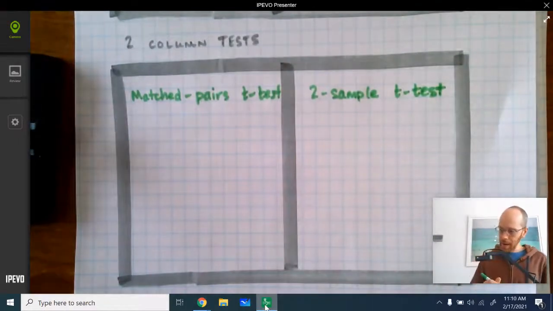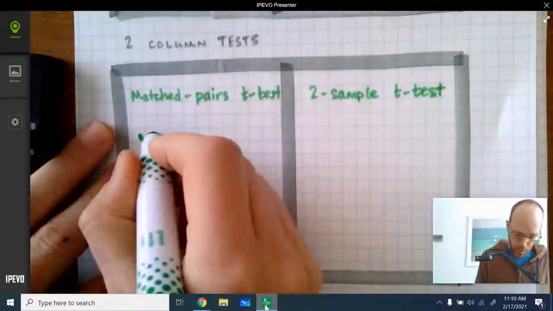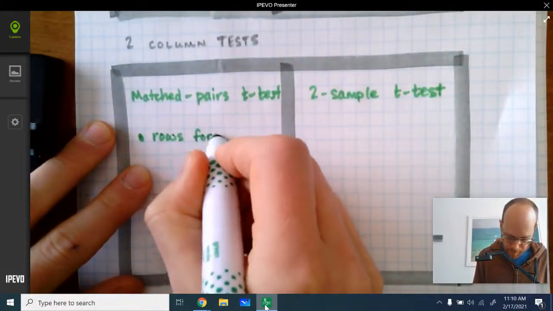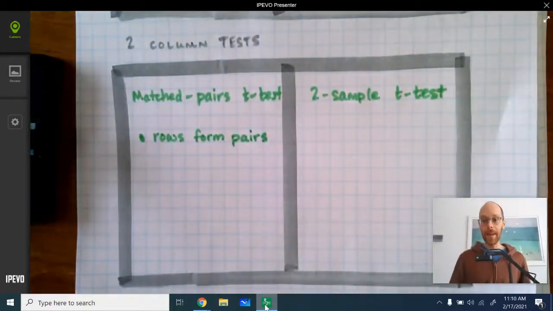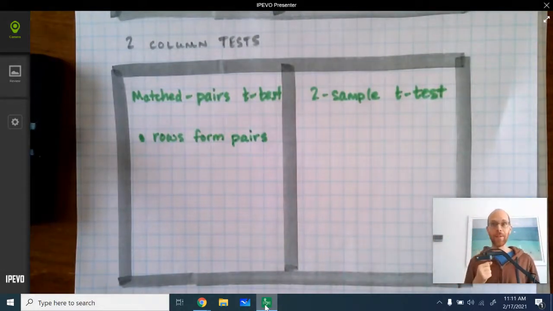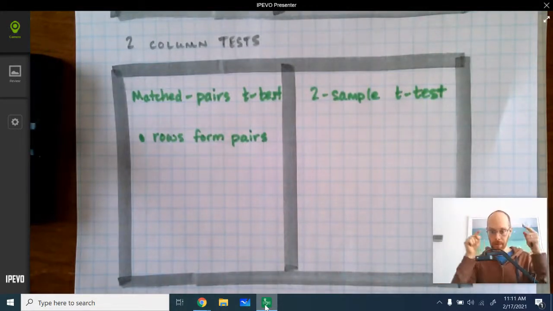If it's the matched pairs test, you will know that it is matched pairs because the rows will form pairs. What do I mean by that? I mean that this number and this number in the row, they go together. They're the before and the after. Or, like this person is compared to their sibling, but they will go together.